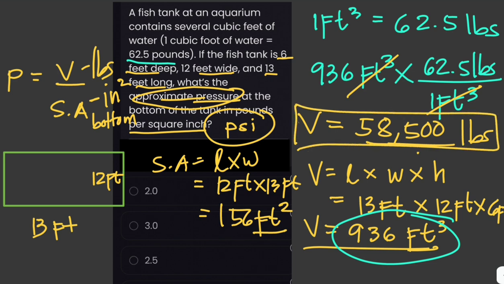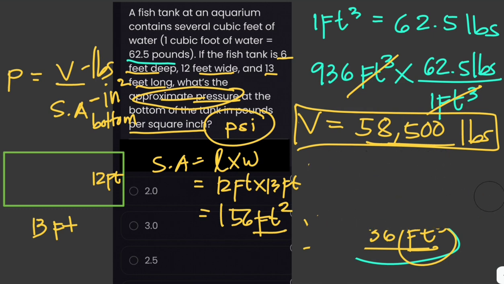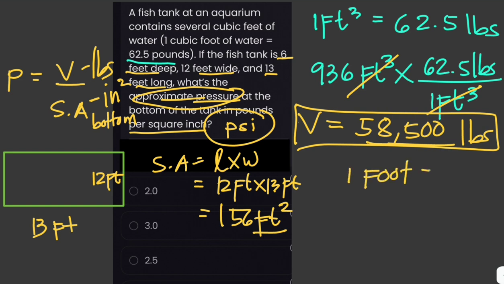And now that we've already converted the volume from cubic feet to pounds, let's convert the surface area from square feet to square inches, because we need pounds per square inch. Alright, so one foot is just equal to 12 inches. So now we can convert 156 square feet to square inches.